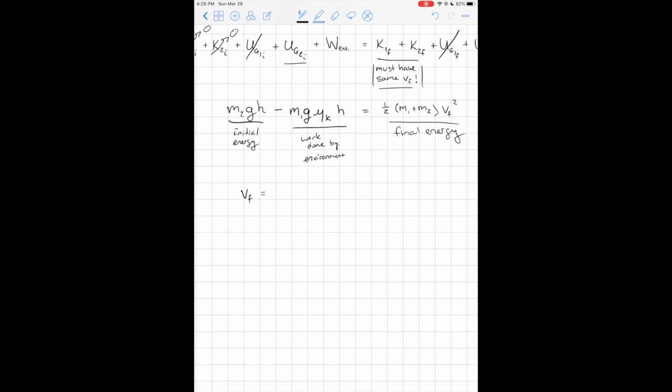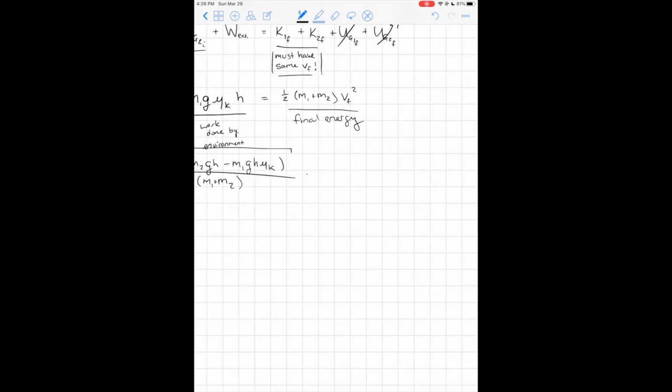Let's just write it the way we had it. Vf is the square root of (m2gh minus m1gh mu k), multiplied by 2 on top, over the sum of my masses on the bottom. I take a square root of the whole thing because V is squared.